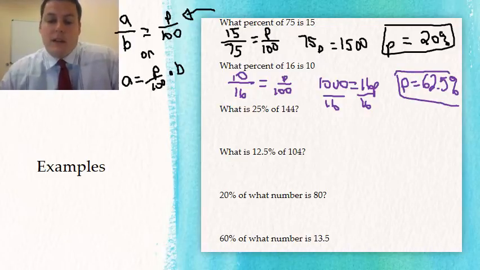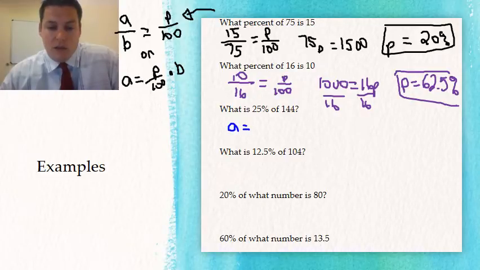Now these ones down here, we're given a percent, so we're going to use the percent equation. What is 25% of 144? So 25% of 144 tells us that 144 is our whole, because we're finding a percentage of it. So we're going to leave A here. A equals 25 over 100 times 144.